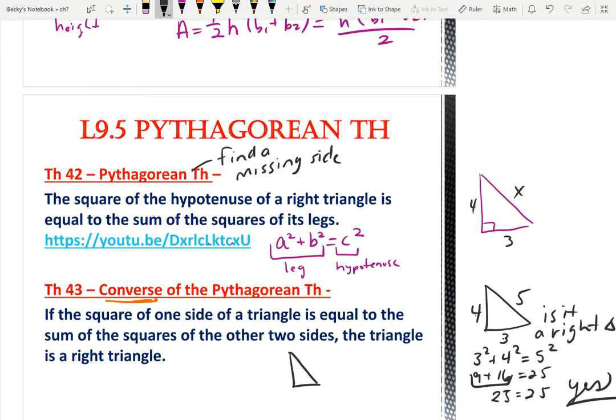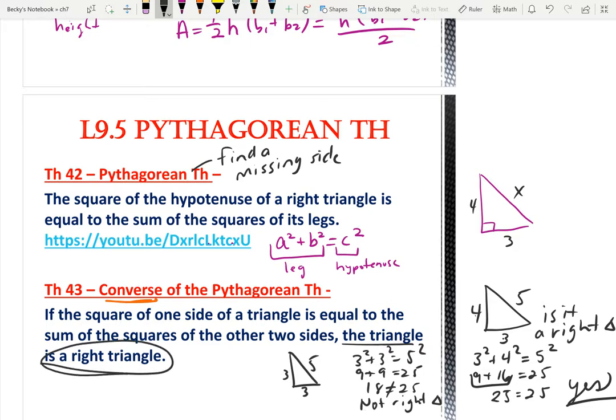But if I had another triangle where I have 3, 3, and 5, and I know it's not to scale, we're going to ignore that fact. 3 squared and 3 squared is 5 squared. So is 9 plus 9 25? No, because 18 does not equal 25. So this is not a right triangle. So we're trying to determine if it's a right triangle.